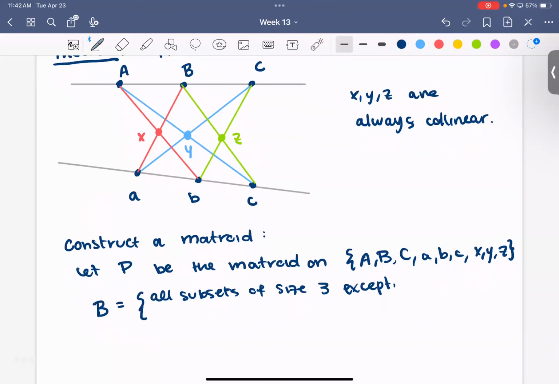So we have the gray collinearities. We have the red A, X, B, A, X, little b.